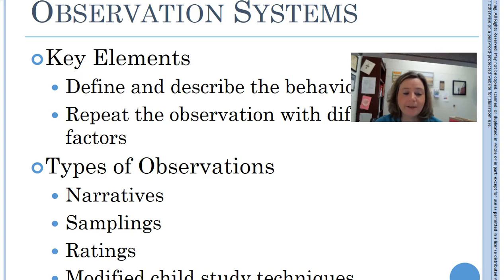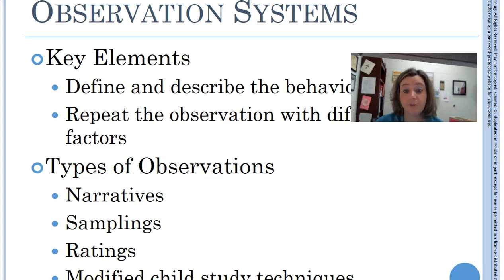So there's some different types of observations that the chapter talks about. When you get into CHD 165, you're going to learn a lot about observation, and you are going to learn about several different types of observational tools that you can use. So this is just meant to kind of be a crash course in some different ways that you can conduct your observations.